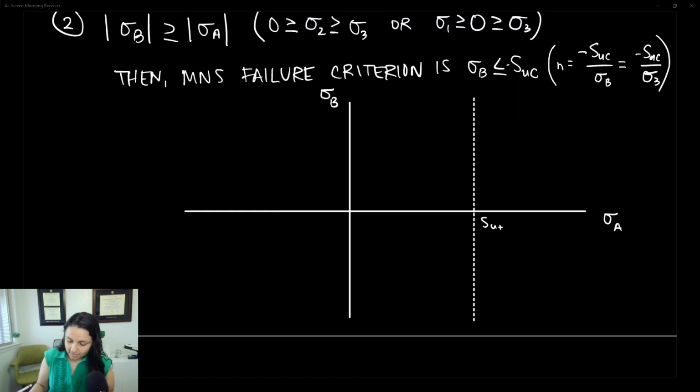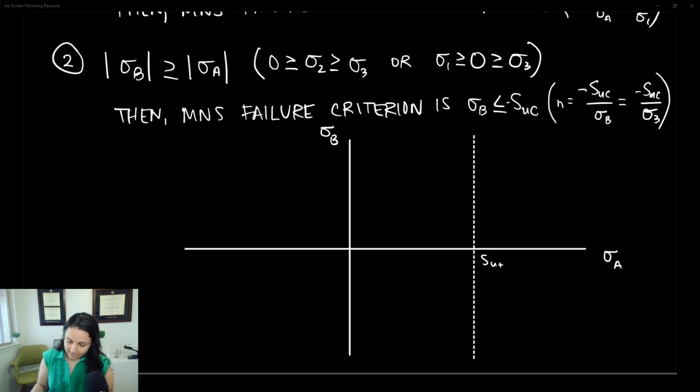Okay, so this first form of the failure criterion tells us that if sigma A is less than, so if we are somewhere on the left side of this line, we do not predict failure, and if we're on the other side of this line, then we do predict failure.